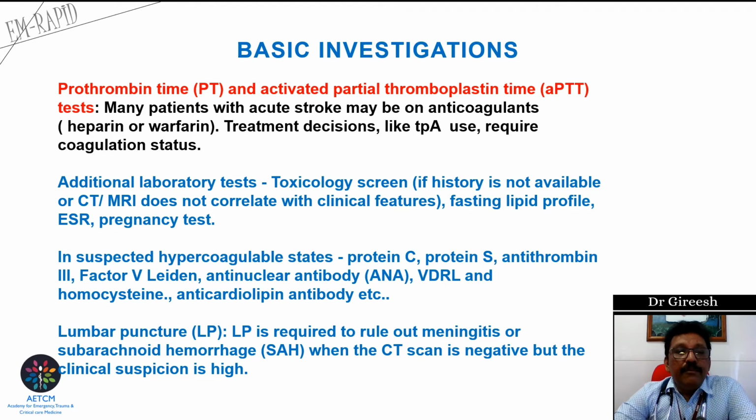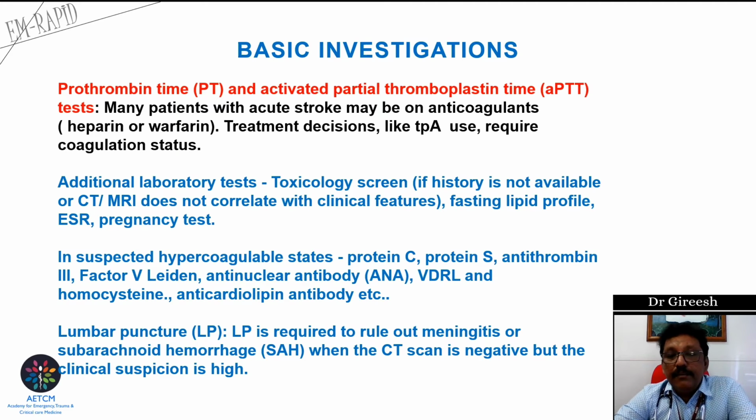Fasting lipid profile, ESR or CRP, because in arthritis you can get elevated CRP or ESR. Pregnancy test. In a suspected hypercoagulable state like stroke in the young, you'd ask protein C, protein S, antithrombin III, factor V Leiden, antinuclear antibodies, dsDNA, VDRL, homocysteine level, anticardiolipin antibodies. So many investigations can be done in a patient who has stroke at a young age.